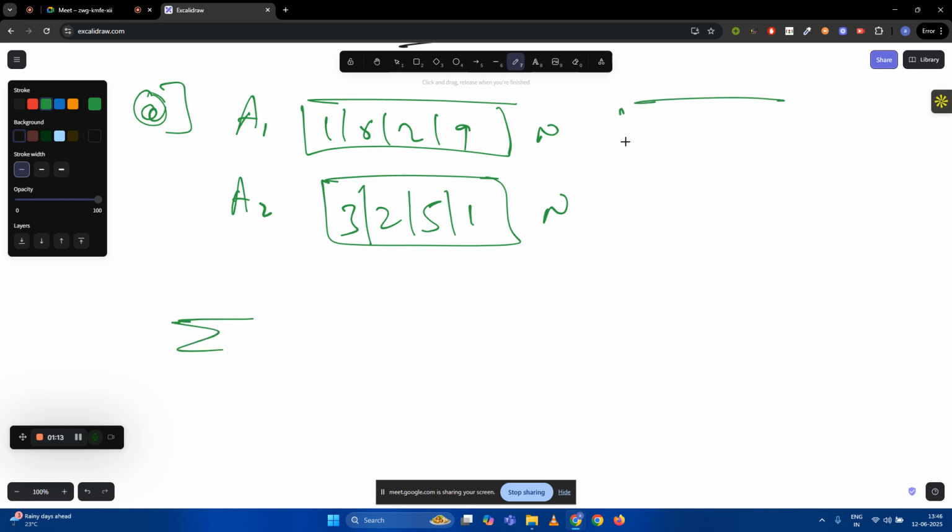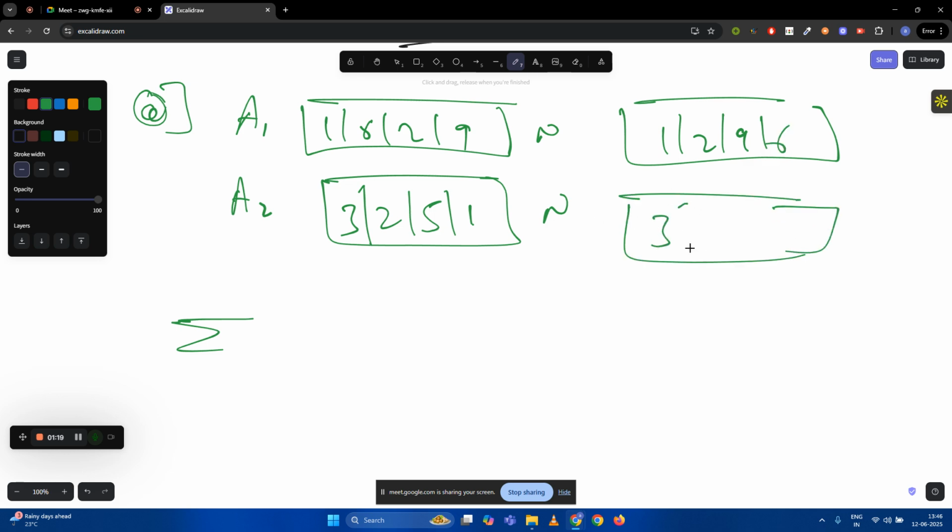Suppose you rearrange to 1 2 9 6 and 3 1 5 2. After rearranging, you have to maximize the summation of a1i into a2i.